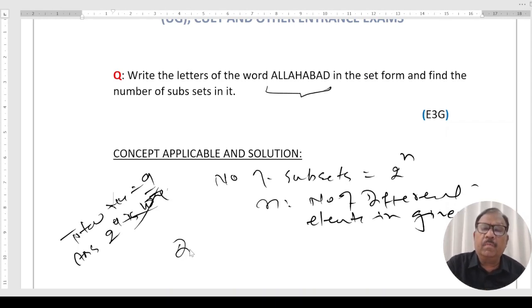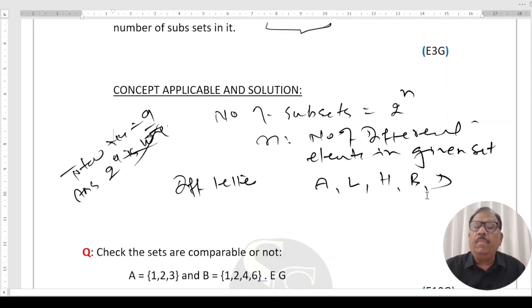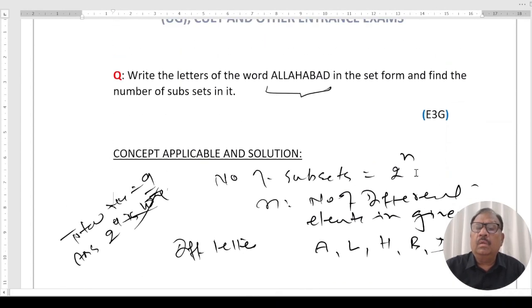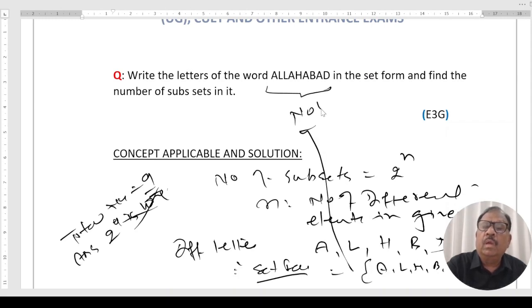What are the different letters? The different letters are A, L, H, B, D. These are the 5 different letters; the rest are repeats. So the set form of the given word is A, L, H, B, D. And the number of subsets will be 2 to the power 5, that is 32.